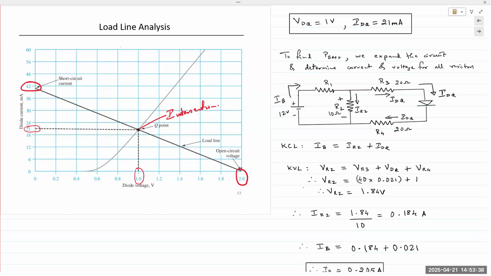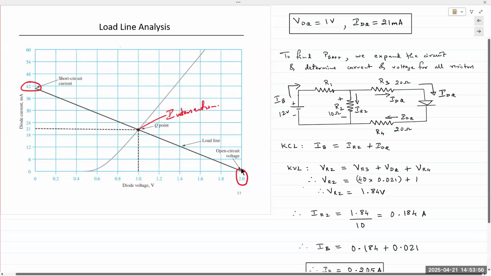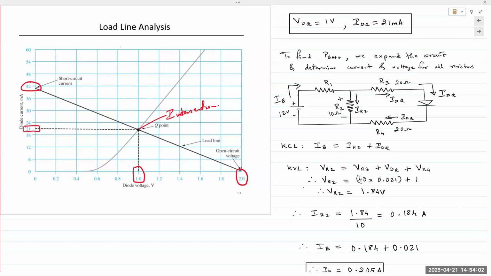Extrapolate that point to the X and Y axis, that gives you the solution for the diode voltage and the diode current. Diode voltage turns out to be 1 volt, as seen here, and the diode current turns out to be 21. That's the graphical solution.